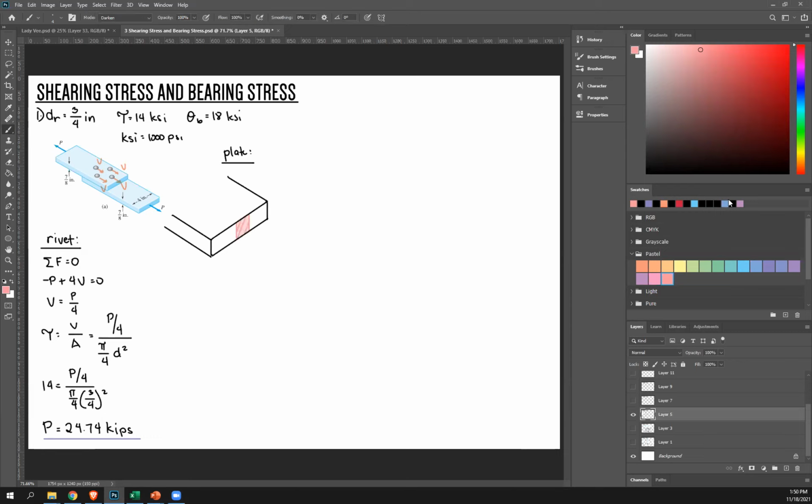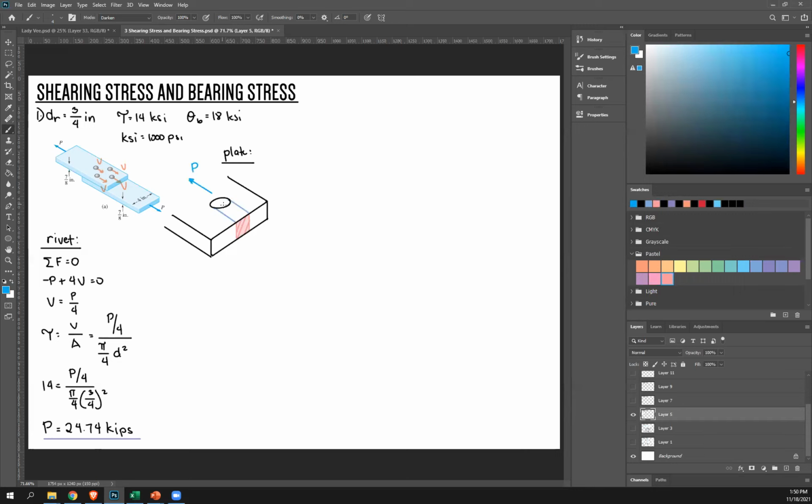I'm just going to draw one bolt to simplify what we're doing. Let's say there's a bolt here, so this is the projected area, and there's an applied force P right here.